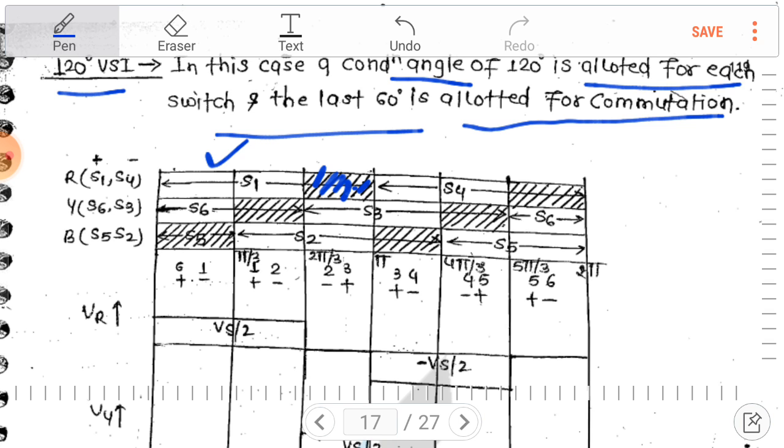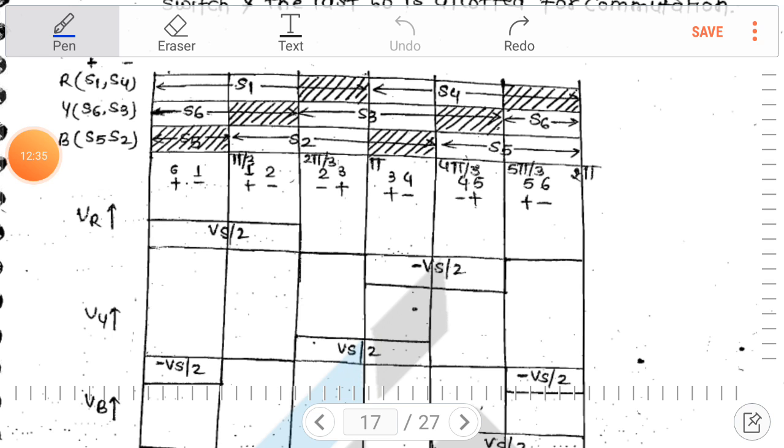Similarly, S4 is also turned on for 120 degrees. Like this in Y and B phase also. So in every mode only two switches are turned on and all other switches are turned off. We are considering only resistive load, so diodes are not considered in this case.